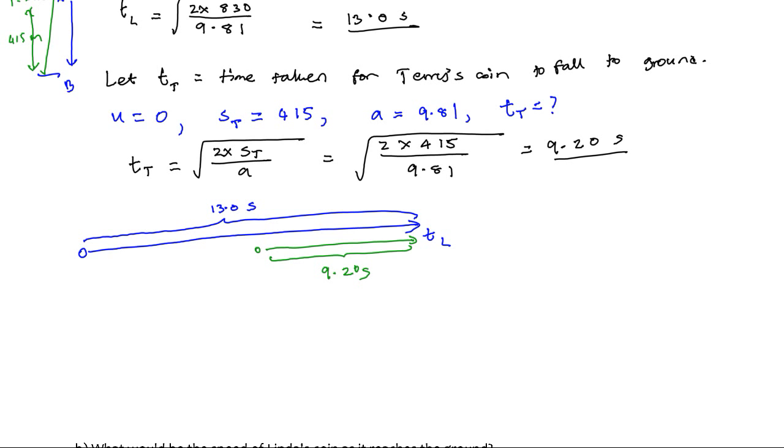Then after how long after Linda drops her coin should Terry drop his coin? We are interested in this time. That is actually TL minus TT. And how much is that time? That is 13 minus 9.2, and that gives me 3.8.